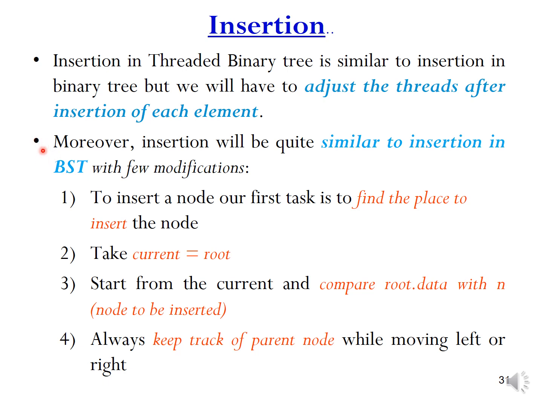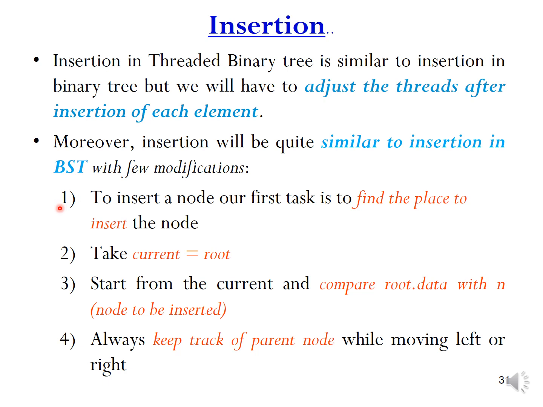It will follow the rules of the binary search tree also. As soon as we insert the node in the threaded binary tree, we will compare it with the root. If it is less than the root, it will go to the left subtree, and if it is greater than the root, then it will be inserted in the right subtree. So this will follow the simple rules of the binary search tree, but we will have to make a few modifications.